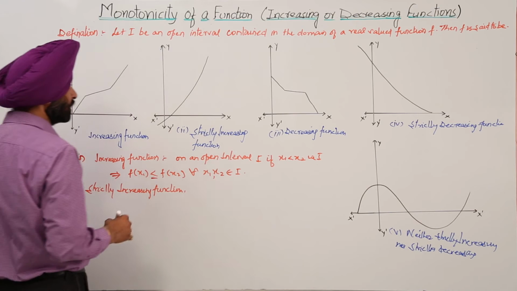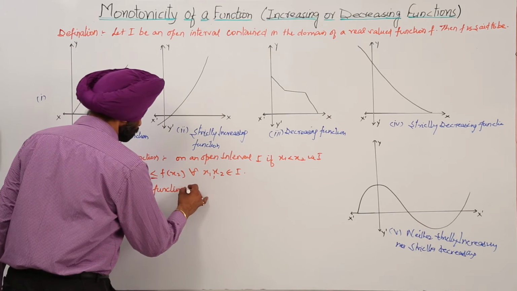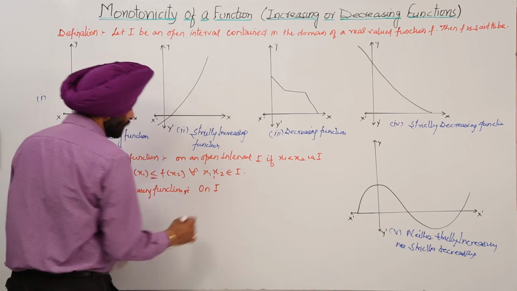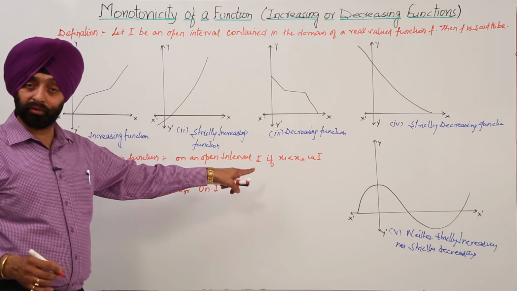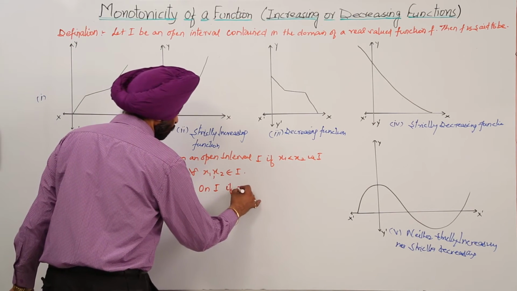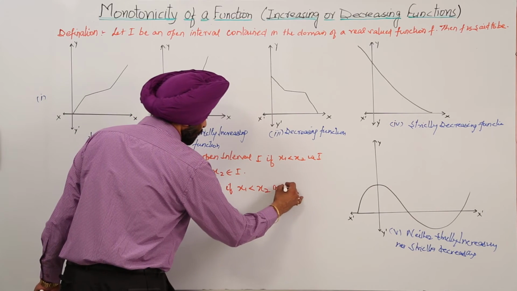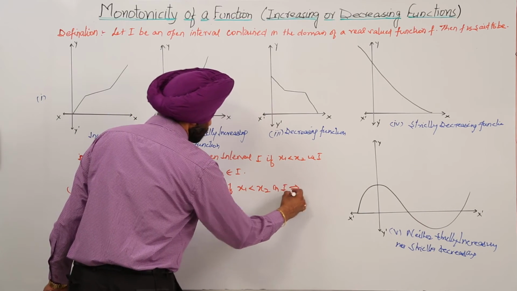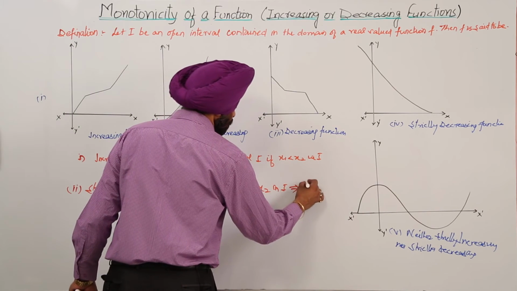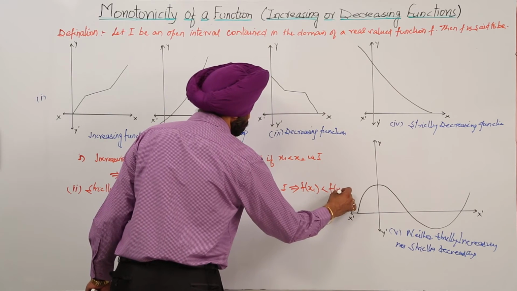In the strictly increasing function, what we can write, on an open interval I, with the same wording, if x1 is less than x2 in I, and this implies f(x1) is less than f(x2).